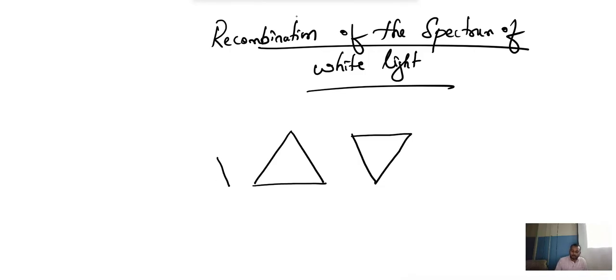From this, we are going to pass a beam of light. This beam of light, we call it white light. Once this light hits on this surface, later I will tell you what is away from the normal or towards the normal. We don't have much time.